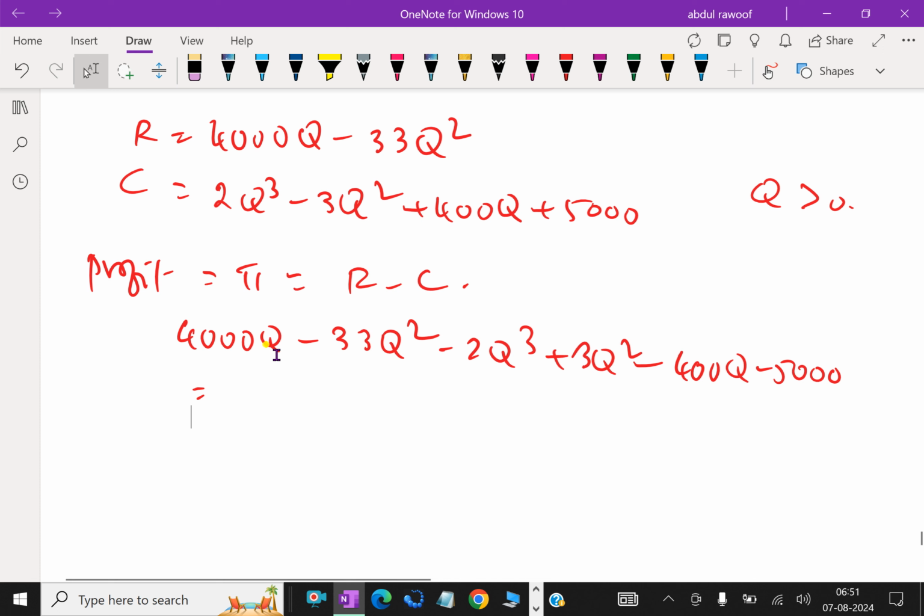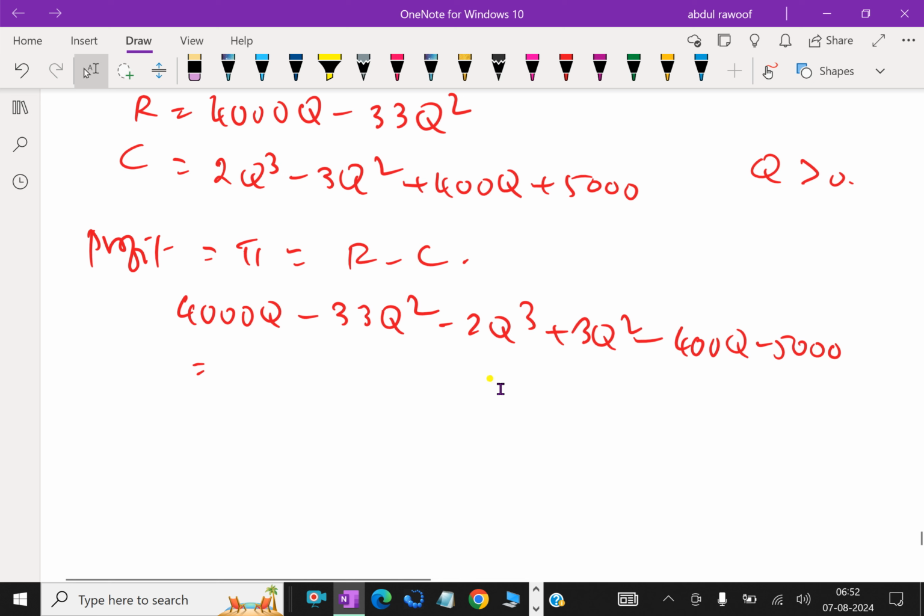So R minus C equals 4000q minus 33q square, then minus 2q cube plus 3q square minus 400q minus 5000.